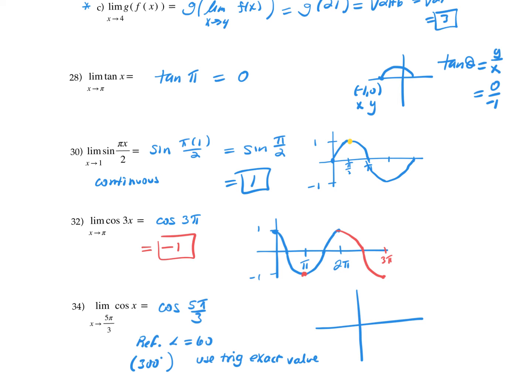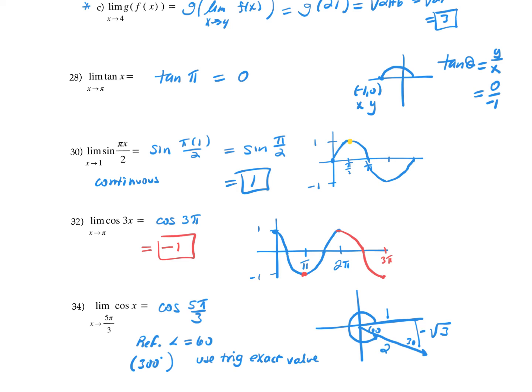Okay, 5 pi over 3, or 300 degrees, is going to put us into quadrant 4. Reference angle is 60, so we'll put 30 up here. Across from the 30 gets 1, and that will be positive because that's on the x-axis, so it's a positive 1 for that side. Across from 60 we get the square root of 3, but it's negative in quadrant 4, and then the hypotenuse is 2.